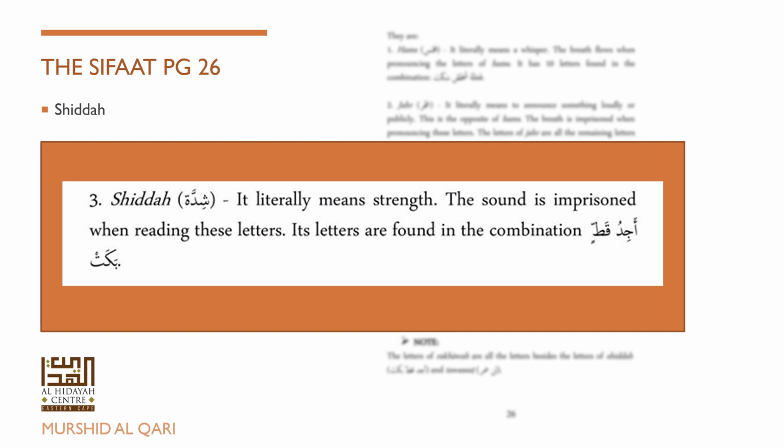Now, where some make error is they over exaggerate the hams, and this leads to reading a complete scene. Example, they would say كذبت, or إذا الشمس كورت.